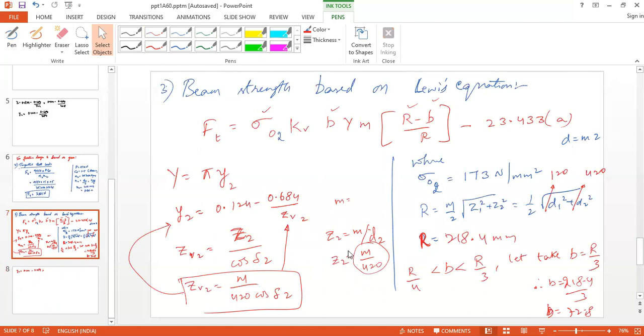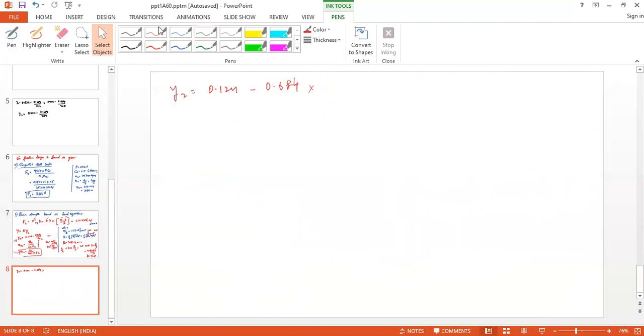Okay, 0.684 into 420 cos delta 2, divided by m. Right? So here 0.124 minus what is the answer for this? Cos delta 2 is 74 degrees. So it is 79.18. So this is the value of Y2.